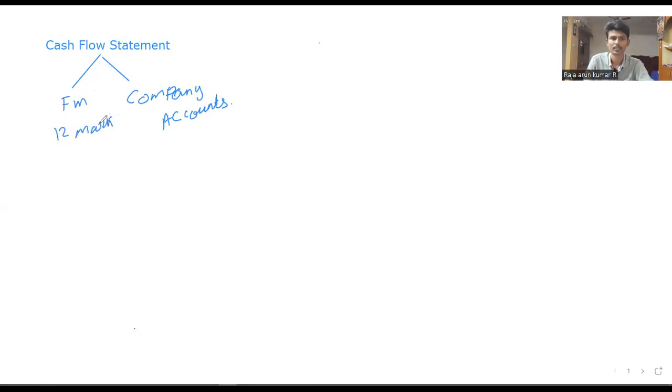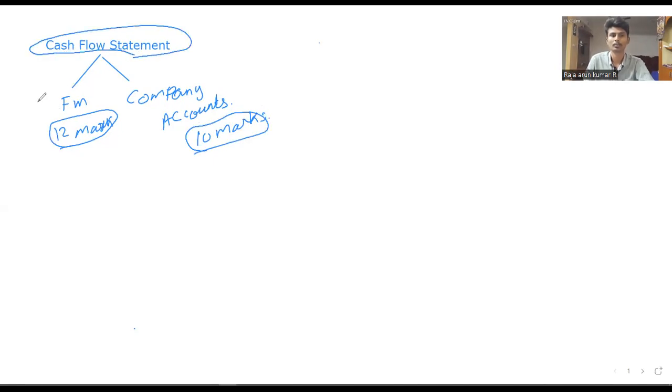This is a very important chapter, so you must understand it in a conceptual and logical way. In company accounts also, it definitely comes for more than 10 marks. If you study the cash flow statement concept once, it benefits two subjects, FM and company accounts, around 22 marks in both papers.